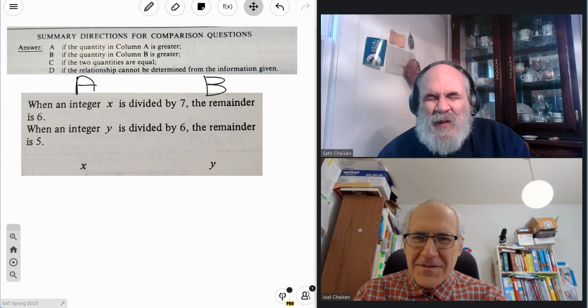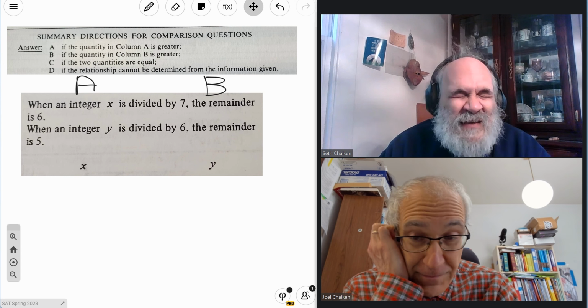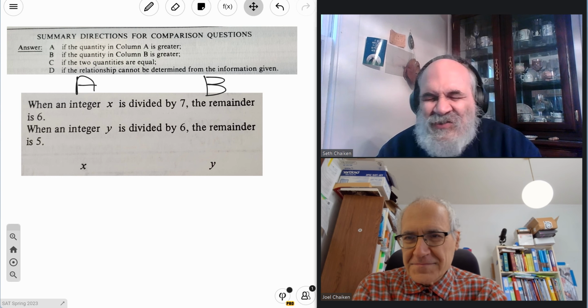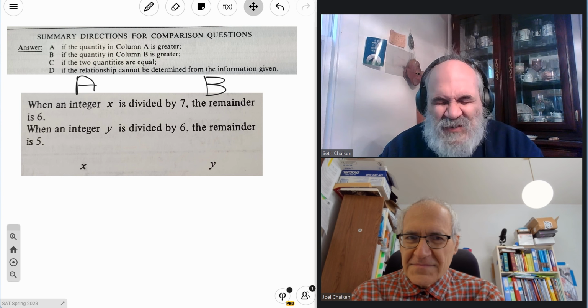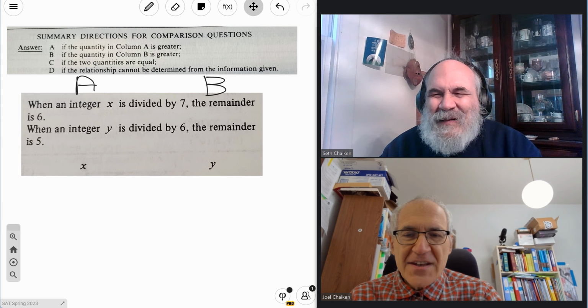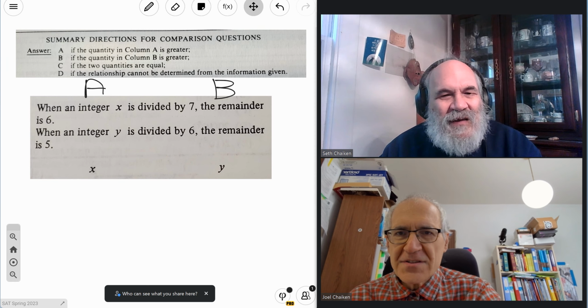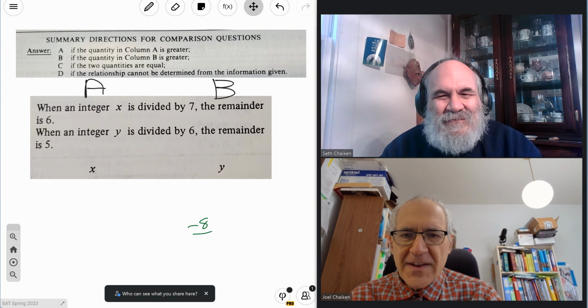Okay, let's do the problem. First, integers include negative numbers. They're whole numbers, including the negative ones. If you divide negative 8 by 3, isn't the remainder a negative number?